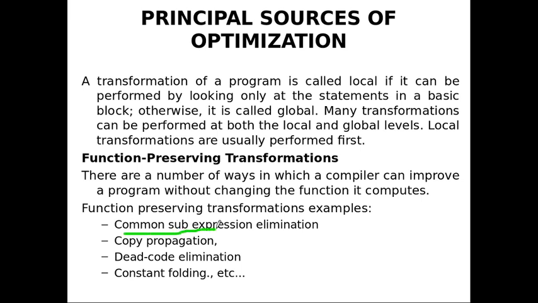First one, common sub-expression elimination: when you are solving your expression under one basic block or more than one basic block, and a common sub-expression is there, don't assign more than one temporary variable for the same sub-expression. That is the meaning of it.